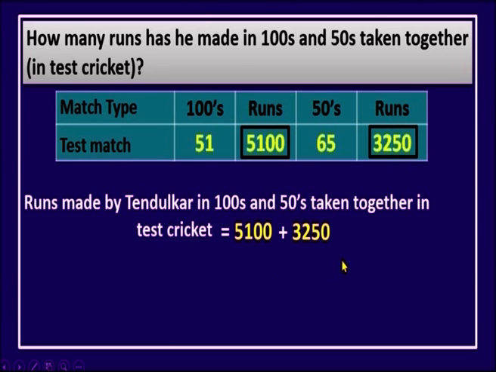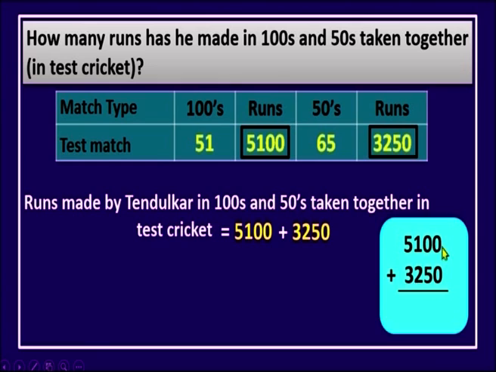When we add these two, we get the total runs he made in the form of hundreds and 50s. Let us add these numbers, children. So 0 plus 0 we get 0, 0 plus 5, 5, 1 plus 2 is 3 and 5 plus 3 is 8. That means we can say that Tendulkar has made 8350 runs as hundreds and 50s. Got it, children?